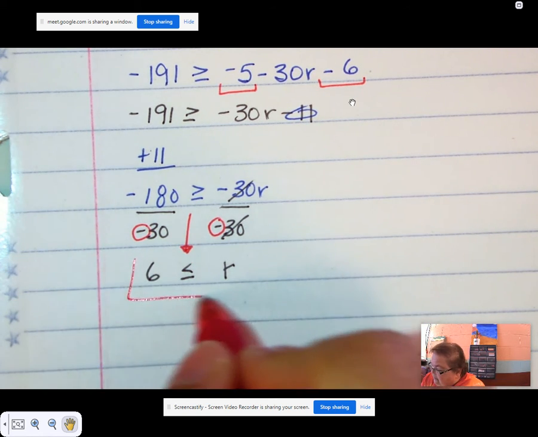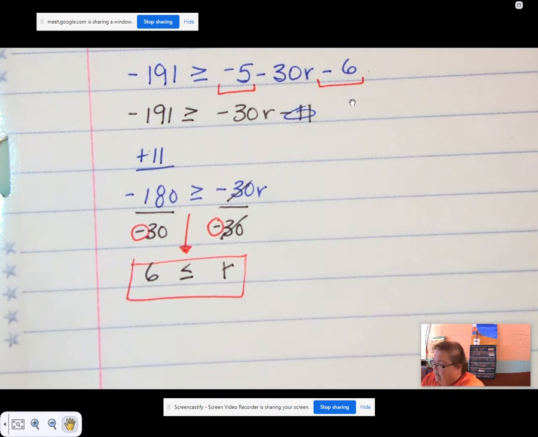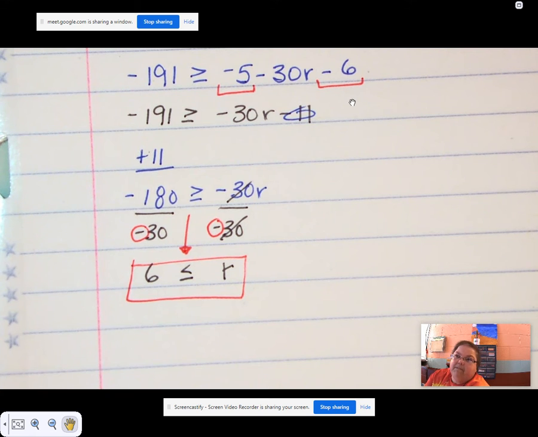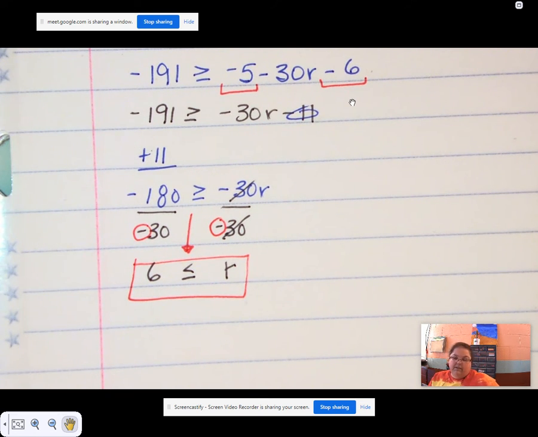Don't forget that. That's the important part. Okay? The major difference between equations and inequalities. Questions? Okay. No questions? All right.